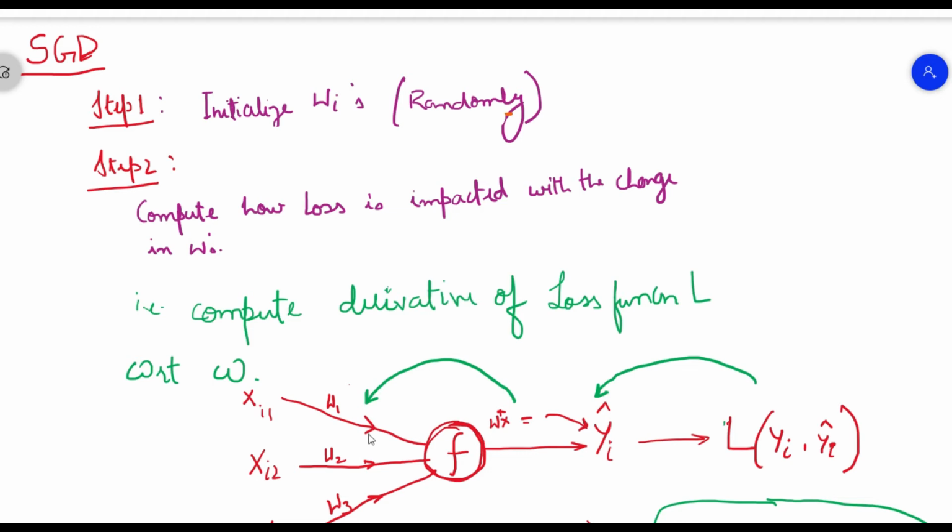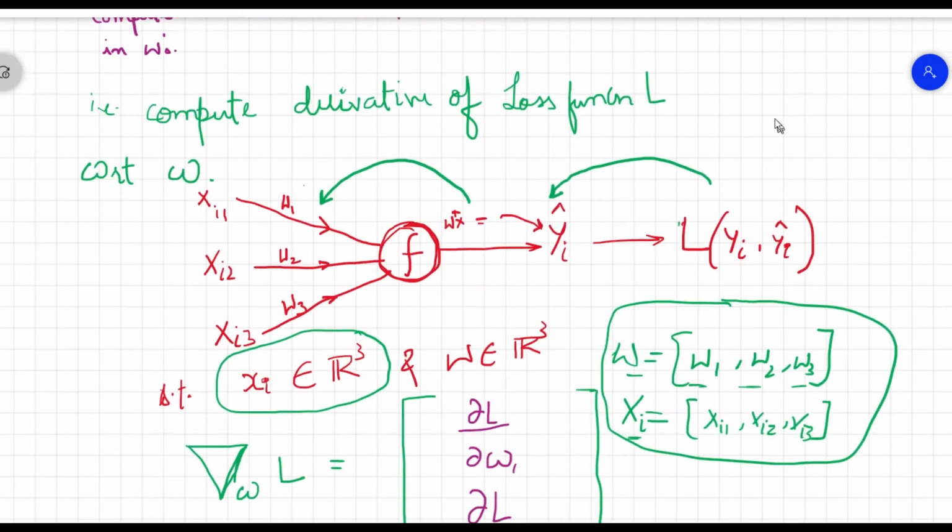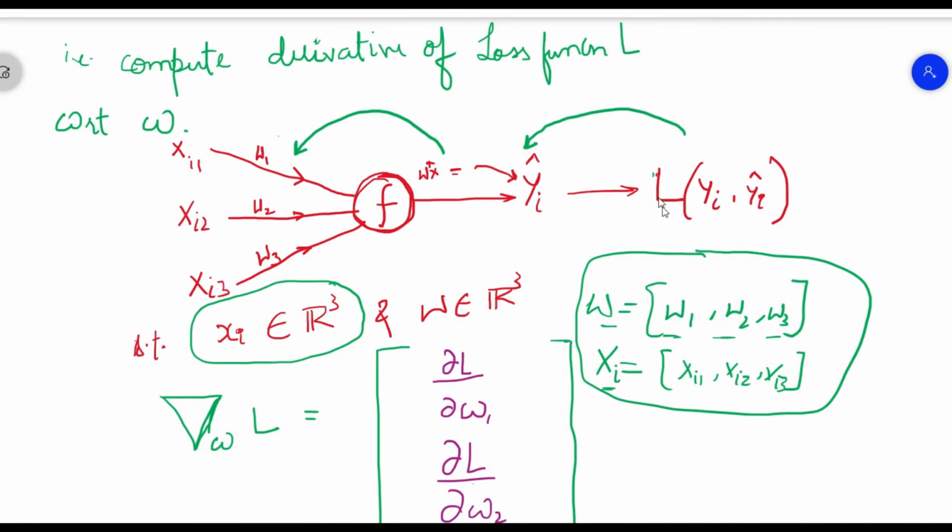We'll be using calculus, and we know that we have the derivative method to find the rate of change of L with respect to the rate of change of W. In between the loss and our weight vectors, we have the function which represents our model, using which we are planning to predict our target values.